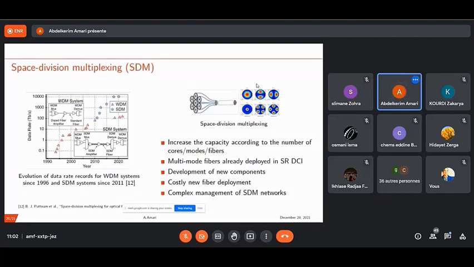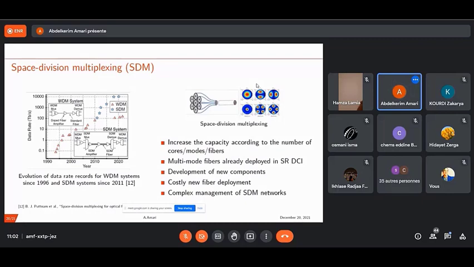So multi-core and multi-mode fibers can be used in new lines, but for existing single-mode lines and connection with single-mode fiber, it's better first to exploit more efficiently the available resources via wideband or DSP and shaping and so on.